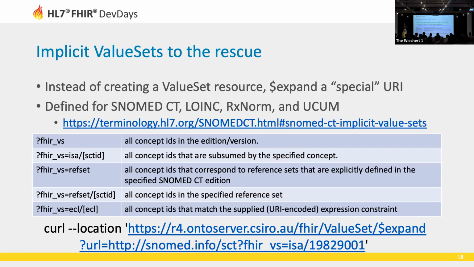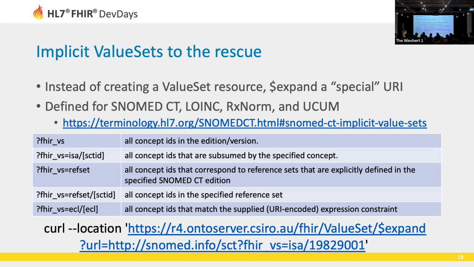This is an example for SNOMED CT, and this is the page that defines these. SNOMED's got a few different types here. The first one is just all of the codes in SNOMED, which exists as an implicit value set. So you don't have to create these value sets on the server. The server, once it's got SNOMED loaded, just knows that when it sees this URI pattern, it means this particular set, and it will return it.